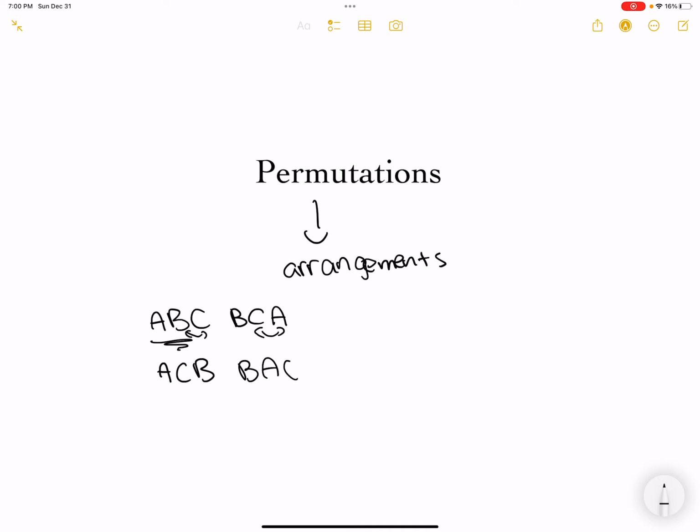And if we wanted a three-letter arrangement that started with C, then we could do CAB, or switch these around and also write CBA. So this results in 6 different arrangements. And as we said, arrangements can also be known as permutations. So there are 6 different permutations.